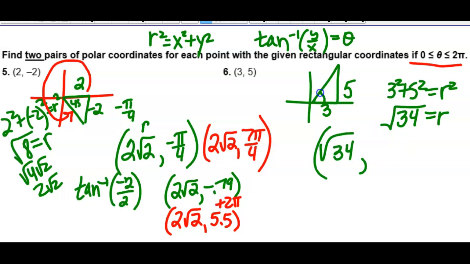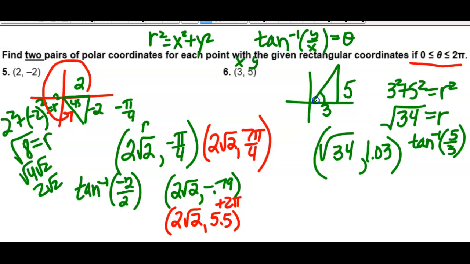And then to find this angle, you're going to do inverse tangent of the y over the x. Remember, y and x over here. So inverse tangent in radians of 5/3 is 1.03. Okay.